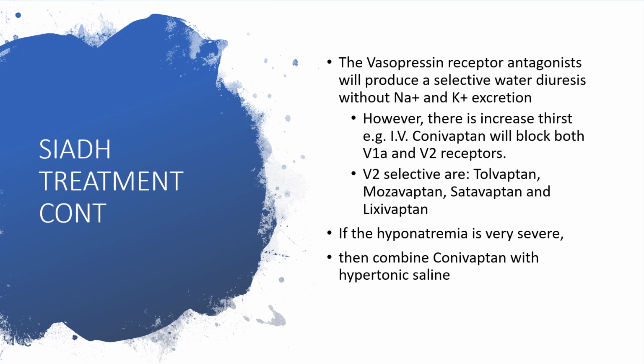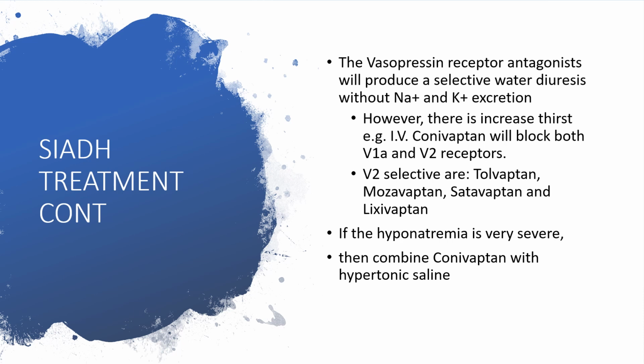Okay, you can then go to choose your vasopressin receptor antagonist, and that will produce selective water diuresis without losing sodium and without losing potassium. However, the individual placed on this medication will have increased thirst.